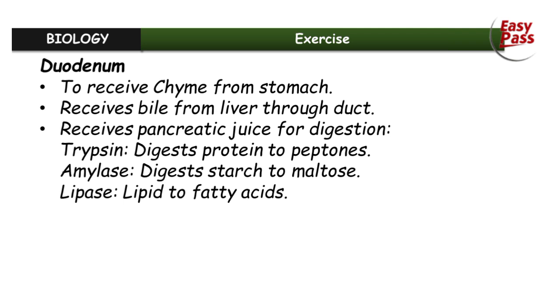Let me just use peptone. While amylase facilitates digestion of starch to maltose, the lipase will help in the digestion of lipid to fatty acid. So fatty acid, that is at the duodenum.